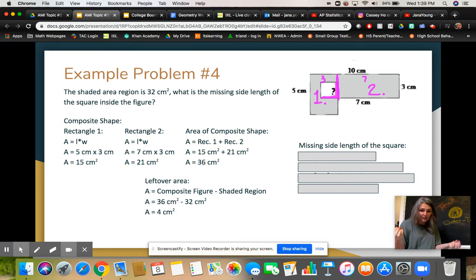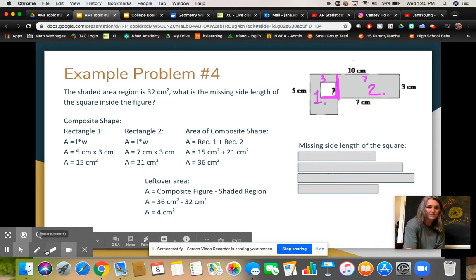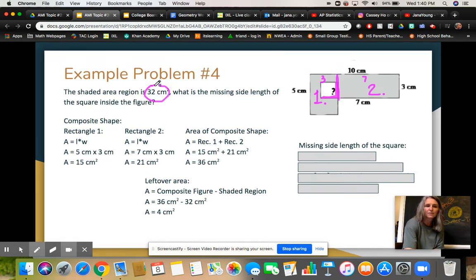What that's going to leave me with is just a little white square, right? If I take this rectangle plus this rectangle, and then I take away all the gray stuff, which is given to me right here. This is the gray stuff, okay? This is the whole thing. So I'm going to take whole thing minus gray stuff, and it's going to leave me with the white square.